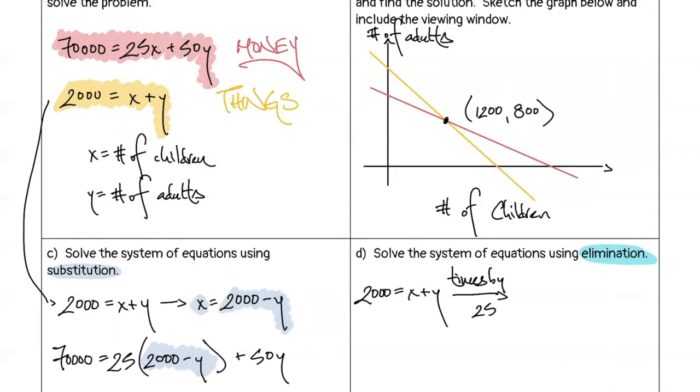Why'd you pick 25? Just because whenever we would subtract the y's, it'll give us a number that we can then divide. Yeah. These 25s are going to make these x's have the same coefficient, okay?